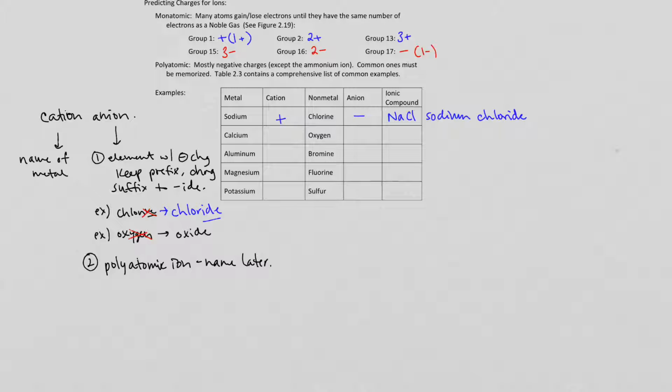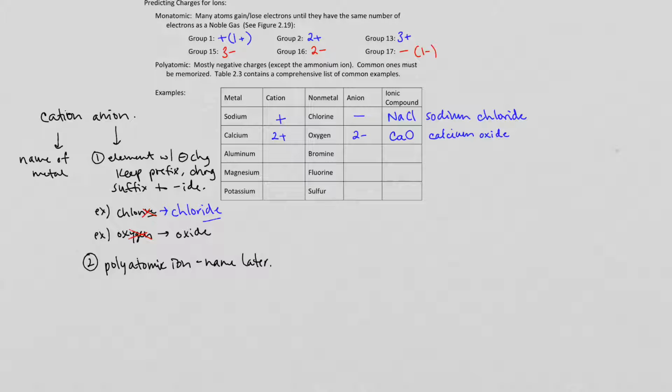Calcium is a 2+, oxygen is a 2-, so we can say it's just CaO, or calcium oxide. Now remember how we said that it was a whole number ratio of elements? They arrange themselves in ratios where the charge is neutral in ionic compounds.